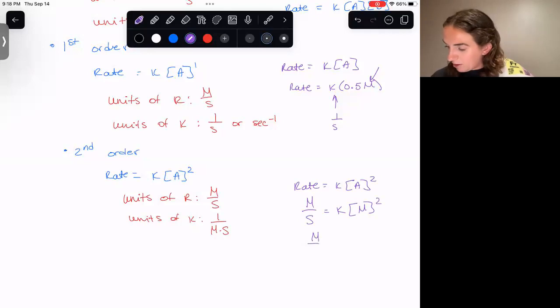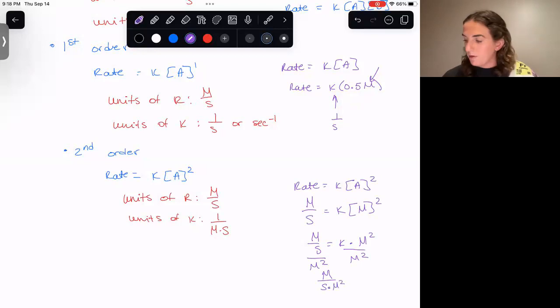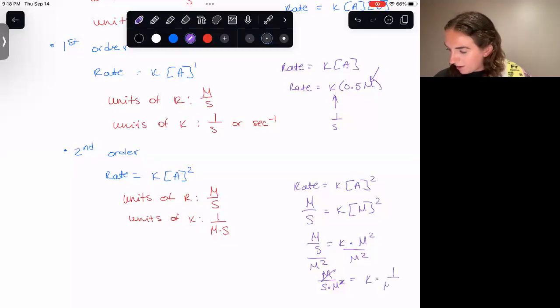So we could say molarity over s is equal to k times molarity squared. If you were trying to solve for k here, you would divide by molarity squared, and you would get molarity over s times molarity squared. This cancels out, this cancels out, and so you're left with k is equal to 1 over M times s. And that's where that comes from.